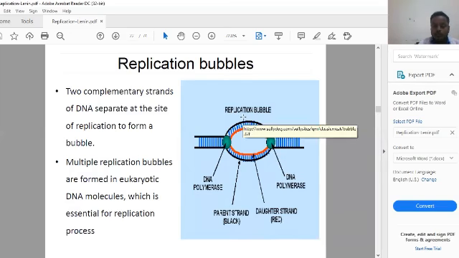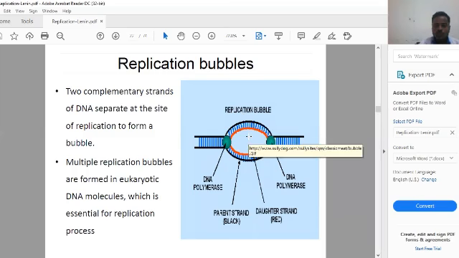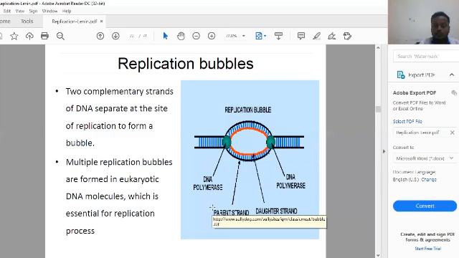After that, the replication bubbles separate the two single strands of parent DNA and the two single strands of daughter DNA. 50% parent DNA and 50% new daughter DNA strands are formed. Here, multiple replication bubbles are formed in the eukaryotic DNA molecule.